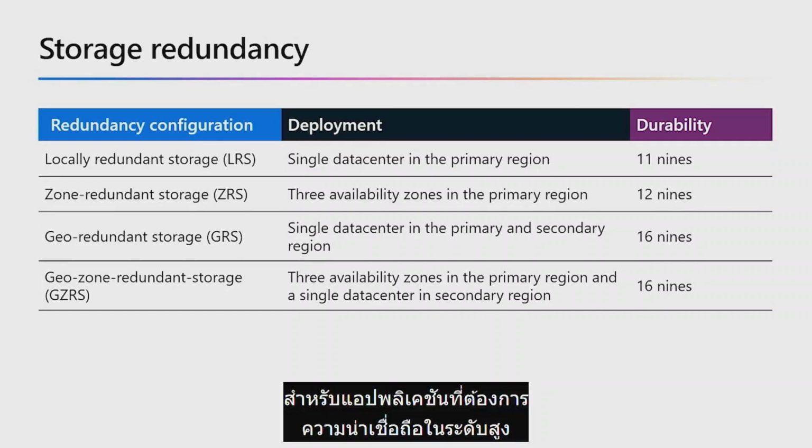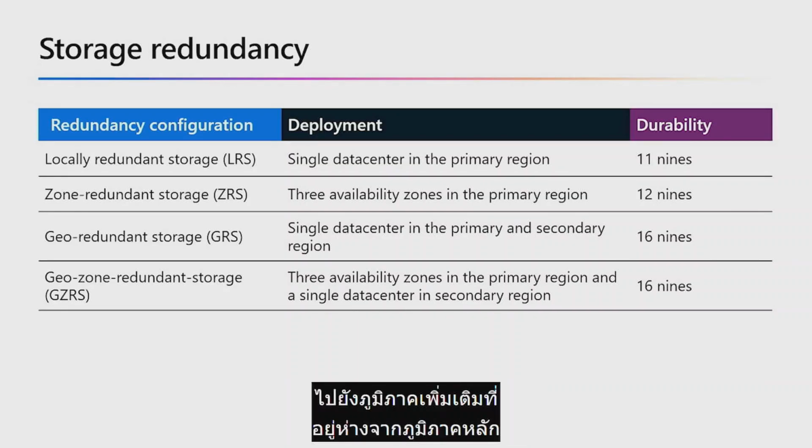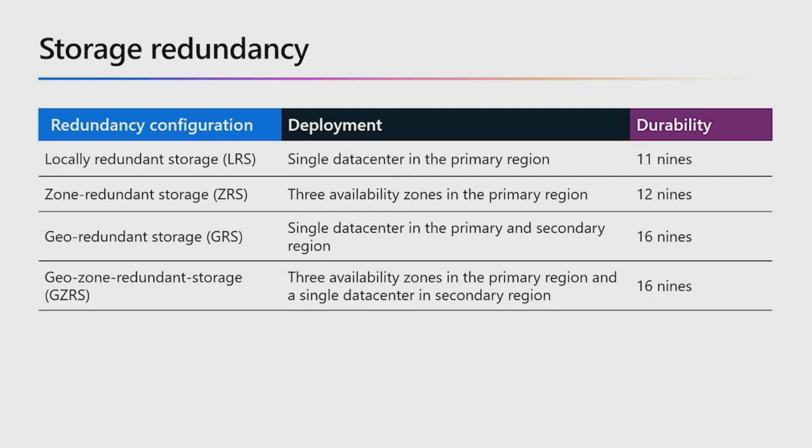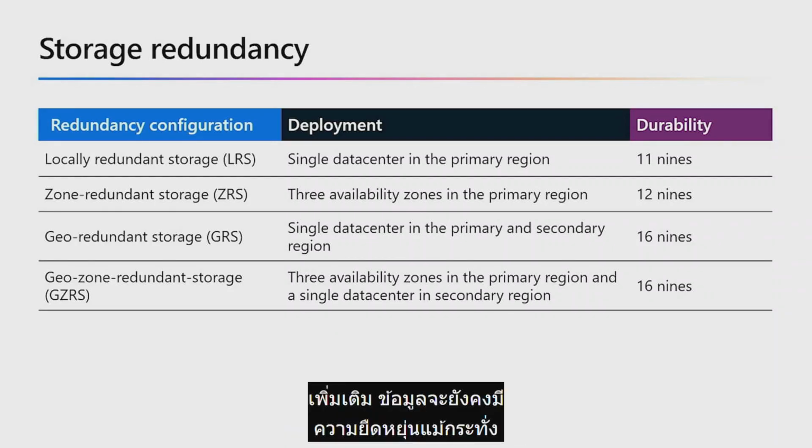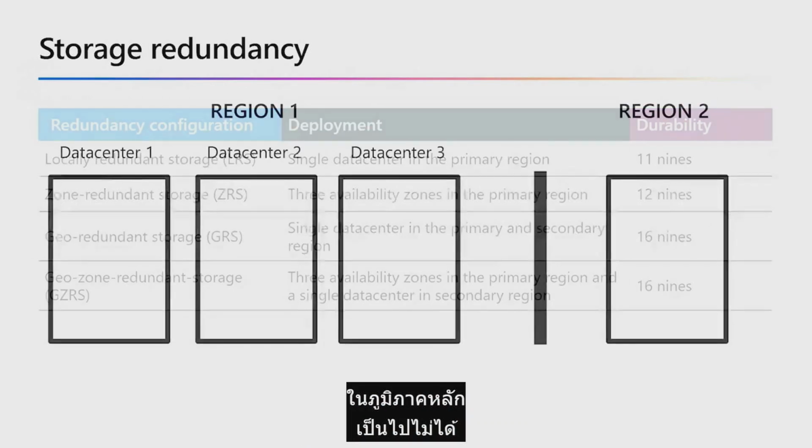For applications that require a high level of reliability, you can also copy data from your storage account to an additional region located hundreds of kilometers away from the primary region. If you copy your storage account data to an additional region, it remains resilient even to catastrophic failures that could make data recovery in the primary region impossible.